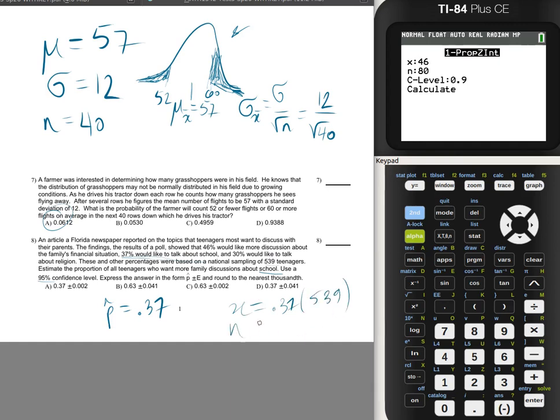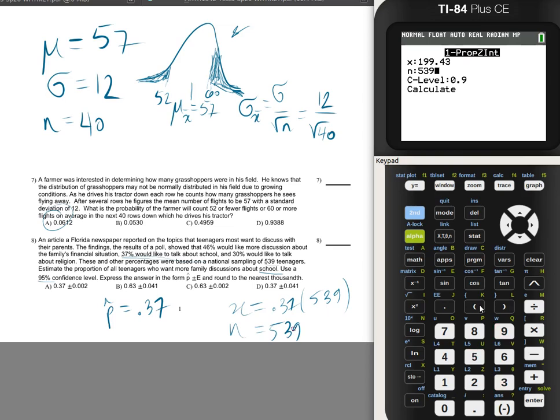The number in the sample is 539. Actually, I'm just going to put that in rather than finding out what that is first. I'm going to go in here with 0.37 times 539, and it gives us about 199. Then 539.